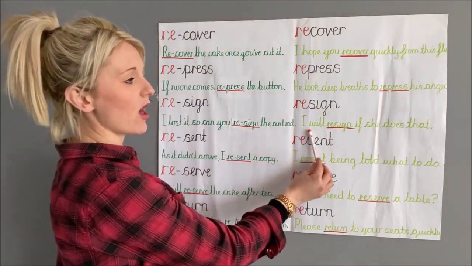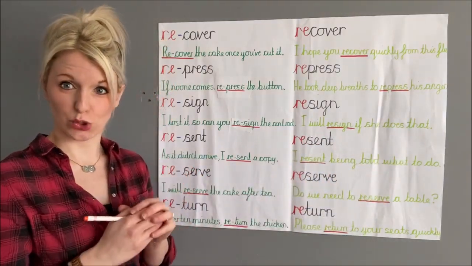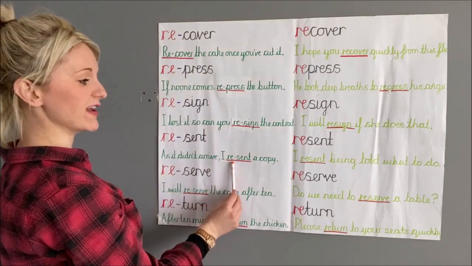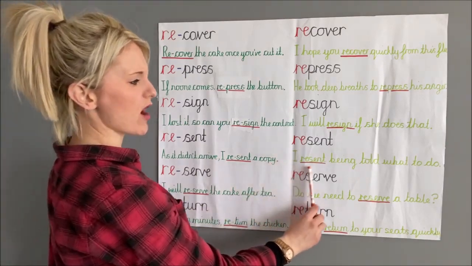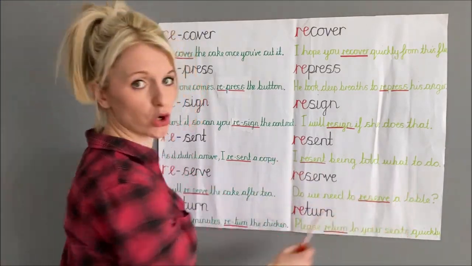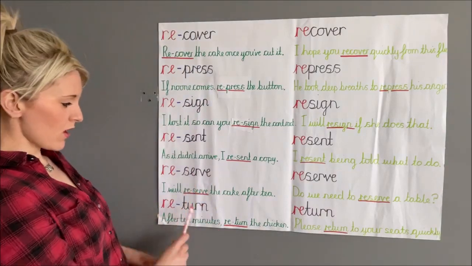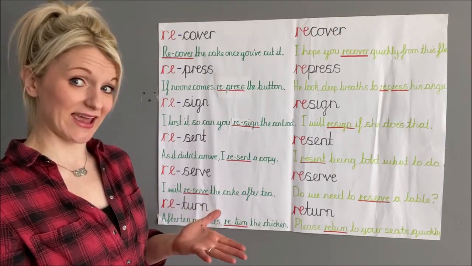And then this one here, I will resign if she does that. So if you resign from something, you quit. Okay, you've got as it didn't arrive, I re-sent a copy, so I sent it again, compared to I resent being told what to do. So you feel bitter about it, you don't like it. I will re-serve the cake after tea, meaning I will serve it again.